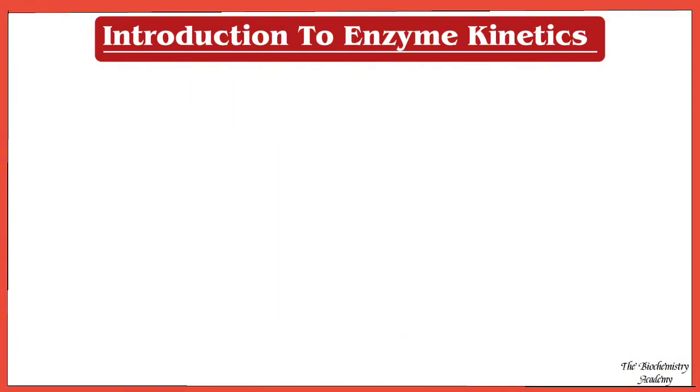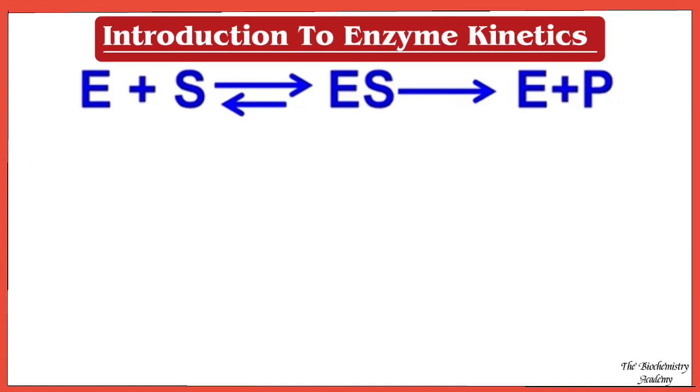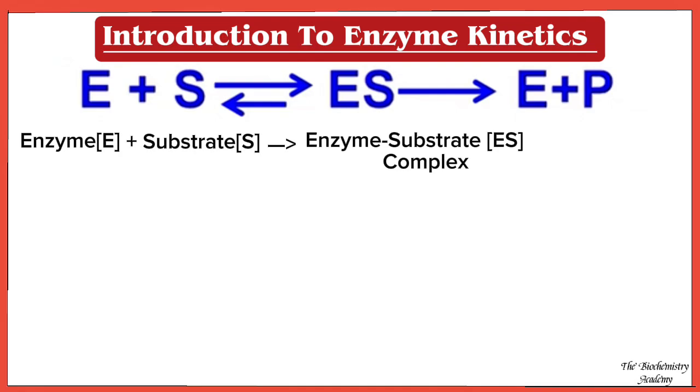So let us proceed. This is an enzyme E, and this enzyme acts on a molecule called a substrate, and we represent it as S. It forms an intermediate, ES, also called the enzyme-substrate complex.